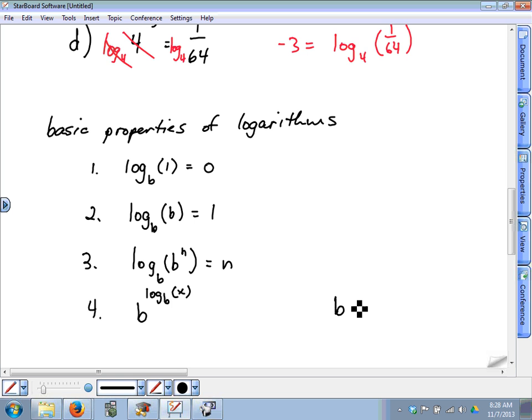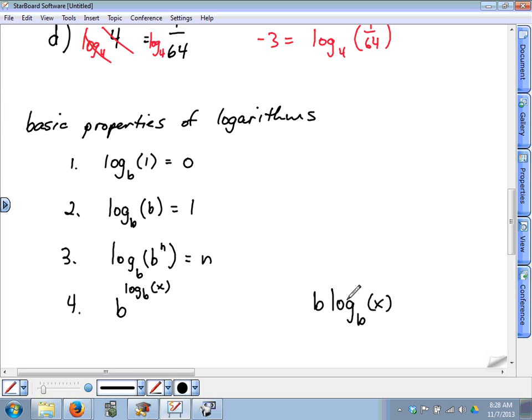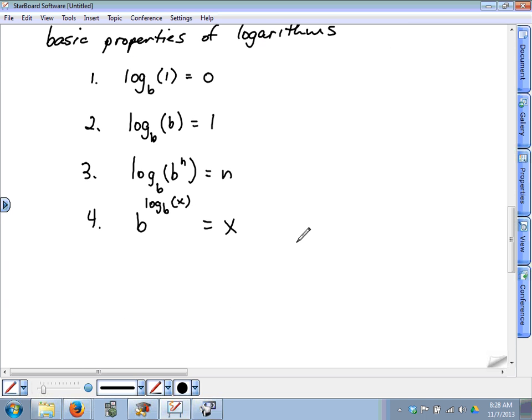I've seen students say, okay, if we have b times a log base b of x, are these the same thing? No. This is how the property applies. This is not how the property applies. Because this is not a base, this is just a multiplier in front of a logarithm. So you got to be careful on how you write it. You got to make sure the logarithm is an exponent. Well, if you have a base of b and an exponent that's a logarithm base b, those cancel out, so what would you be left with? x.